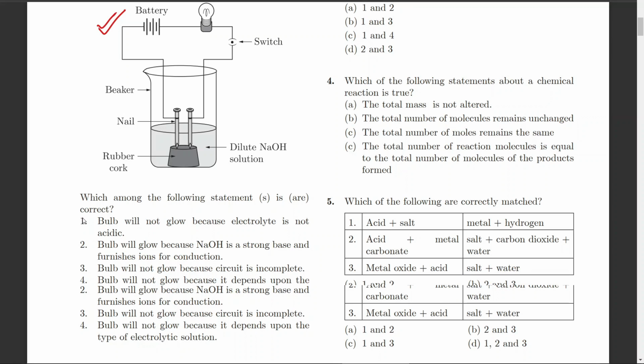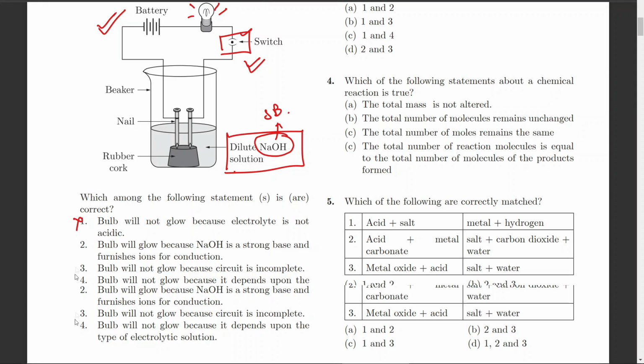So first thing which you have to observe over here is the bulb is going to glow. Why? Because the circuit is definitely complete, as you can see here, and also you have an electrolyte, NaOH, and NaOH, as you know, is a strong base already, and you have already studied in the chapter acids, bases and salts that strong acids and strong bases conduct electricity very well. They are good electrolytes. So the bulb is going to glow, right?